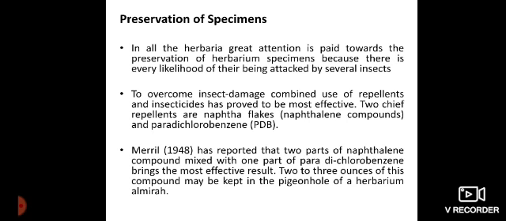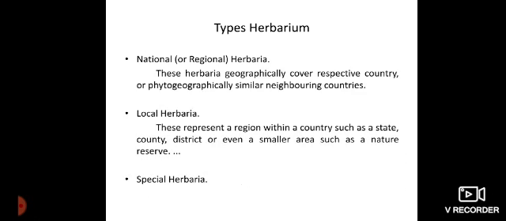Merrill in 1948 reported that 2 parts of naphthalene compound mixed with 1 part of paradichlorobenzene brings the most effective result. 2 to 3 ounces of this compound may be kept in a pigeonhole of the herbarium almirah, or naphthalene balls can also be used as an insect repellent compound.